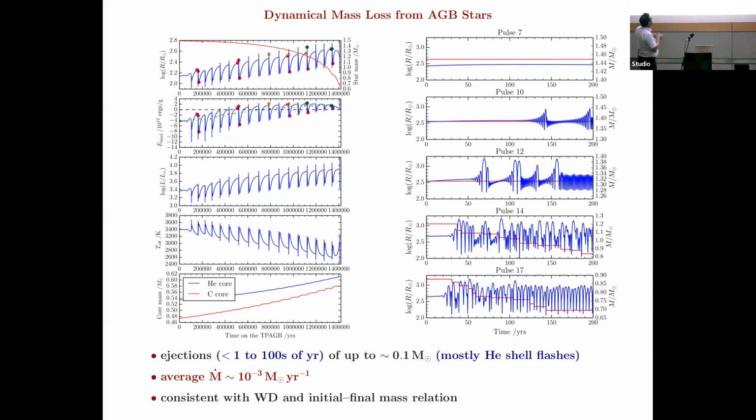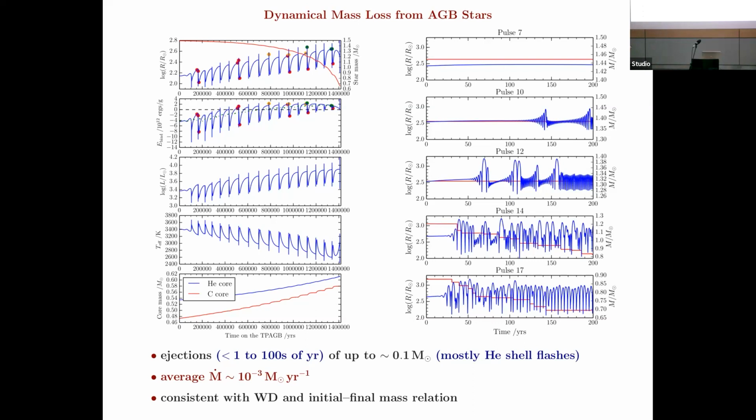In pulse 7, nothing happens, just flat. Pulse 10, you see some radial pulsations, but no mass loss. Still in pulse 12, it's similar. But then in pulse 14, you again get these episodic mass ejection events. And then in pulse 17, it continues. And by the end of pulse 17, essentially you have lost all of the envelope.